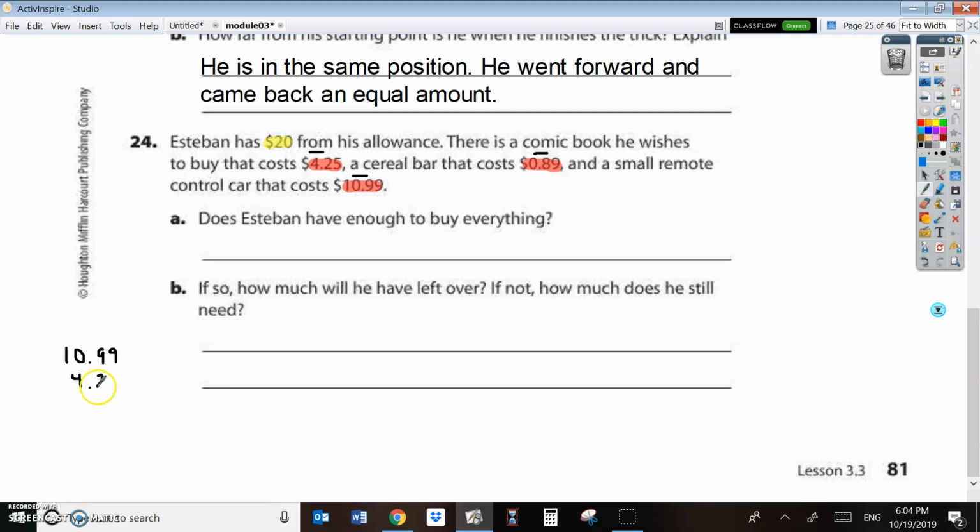Remember to line up the decimals. Okay, I know 9 plus 9 is 18. 18 plus 2 is 20, plus 3 more is 23.